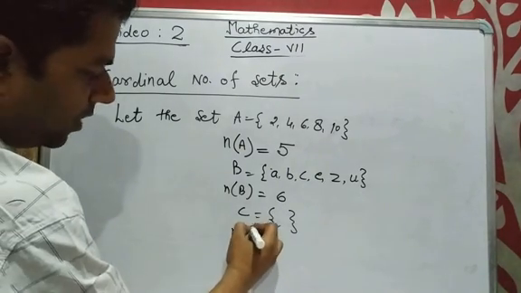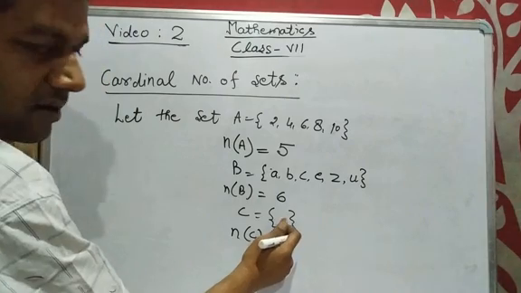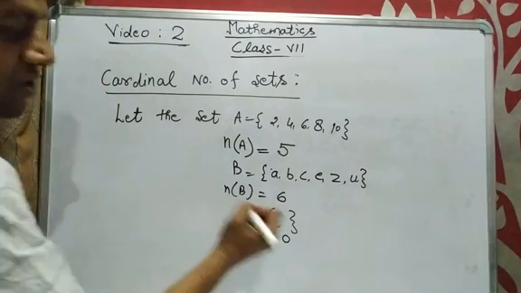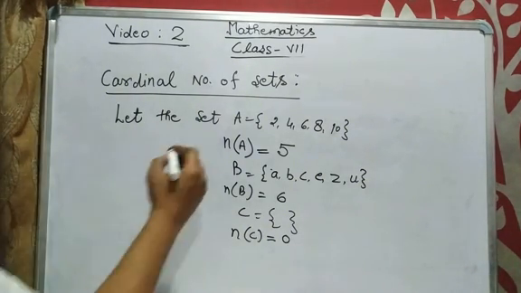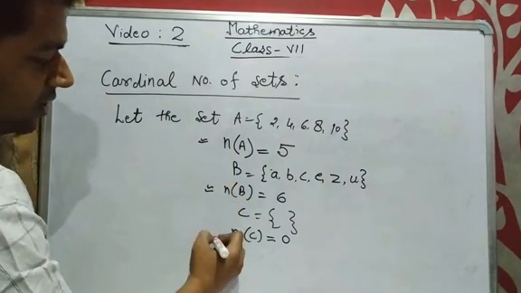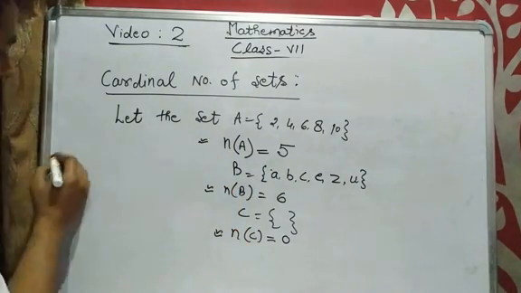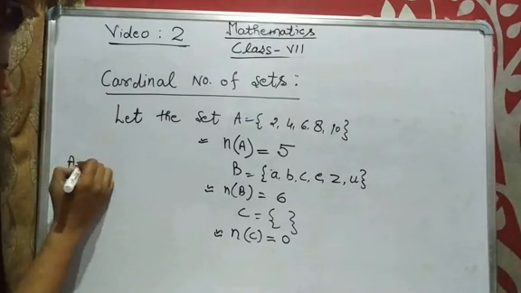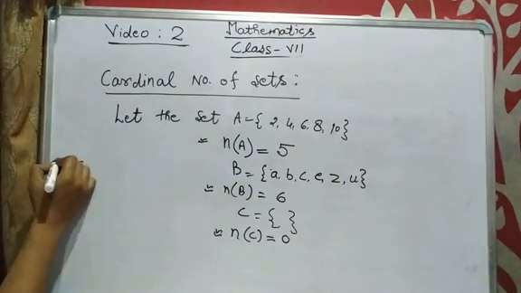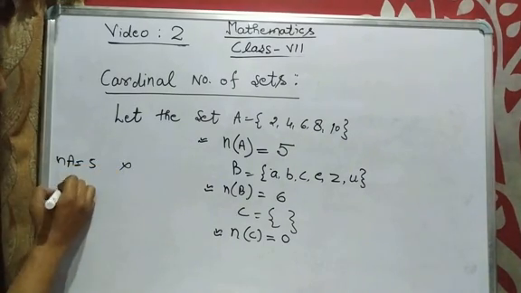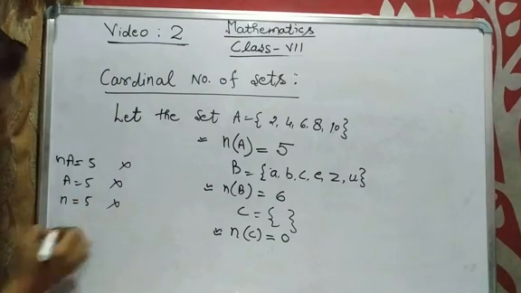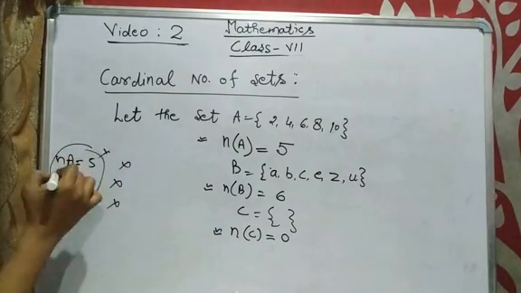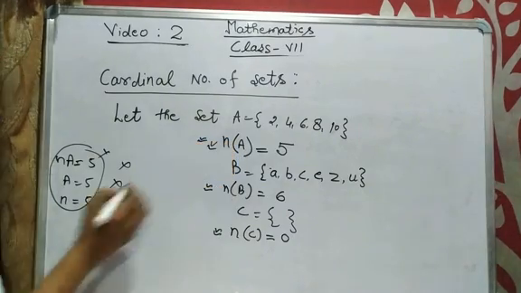Then the cardinal number of C, how many elements are here? 0. No element is there. And the cardinal number representation you can see here by small n. Some students write A is equal to 5, that is wrong. They write N is equal to 5, that is wrong. So all these methods are wrong. This is the right way to write.